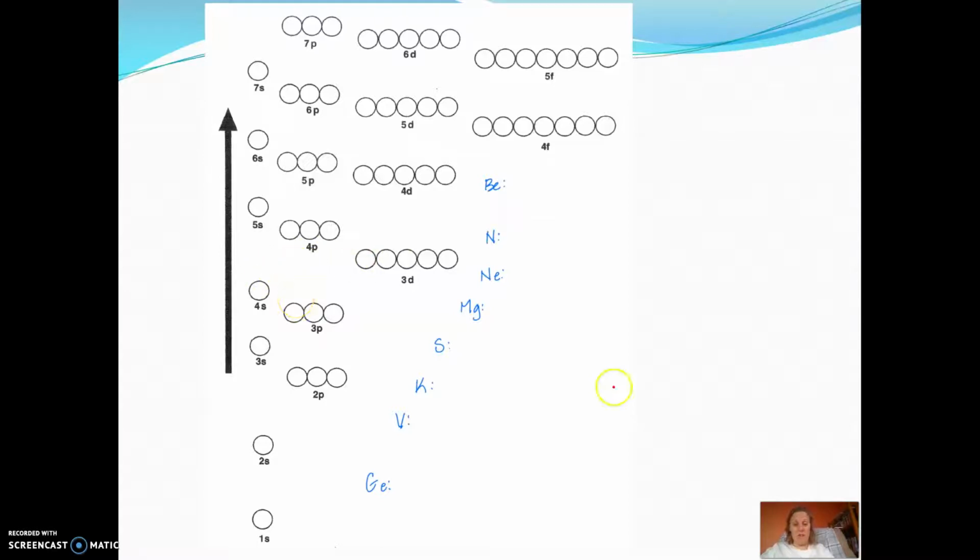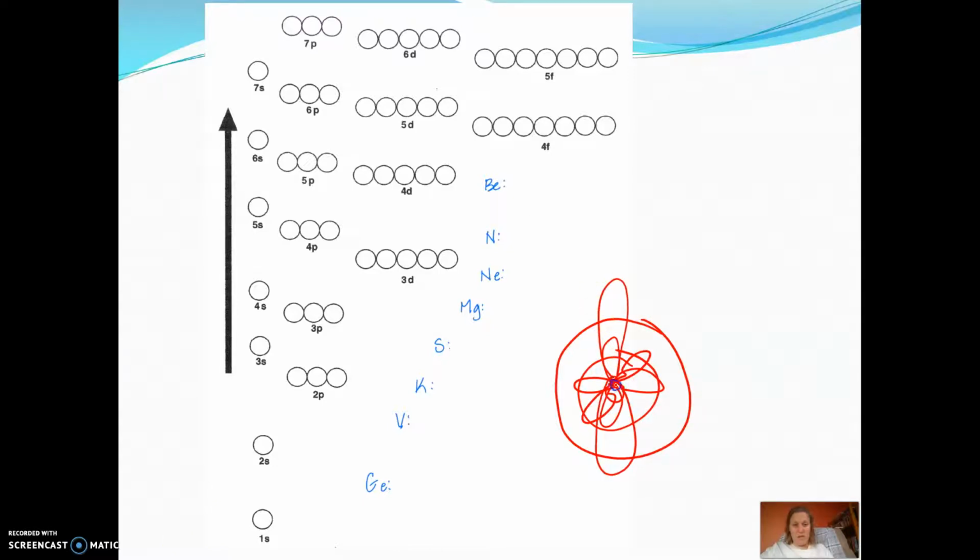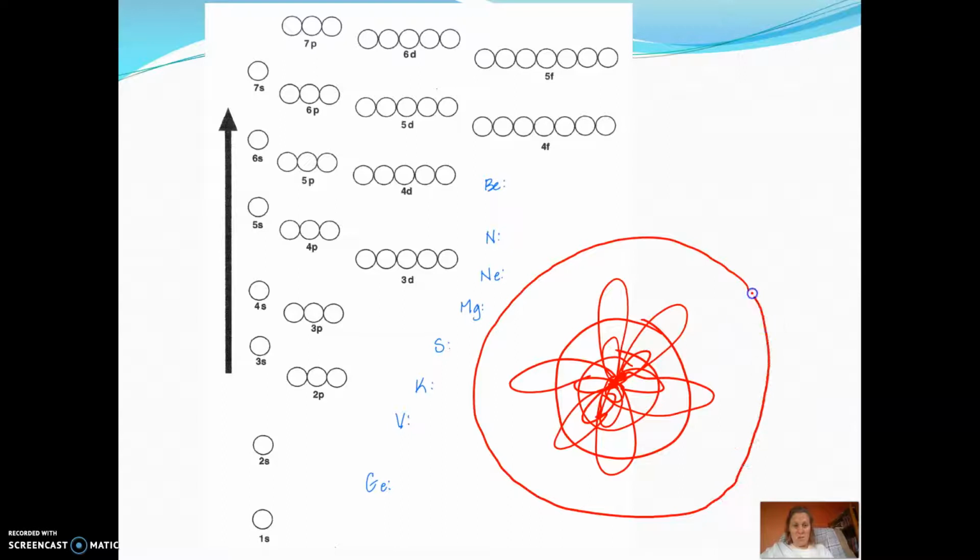So here's 1s, here's 2s, here's 2p, remember there were 3, and then 3s is going to be bigger, and then 3p is going to be even bigger than that. And look, this is all the same color, so there's 3p, and then 4s is going to be out here, and then the 3d's are going to fit right in here.